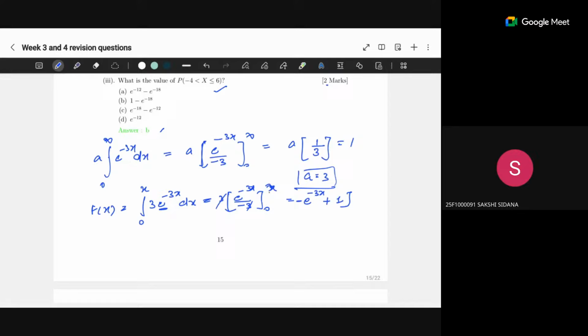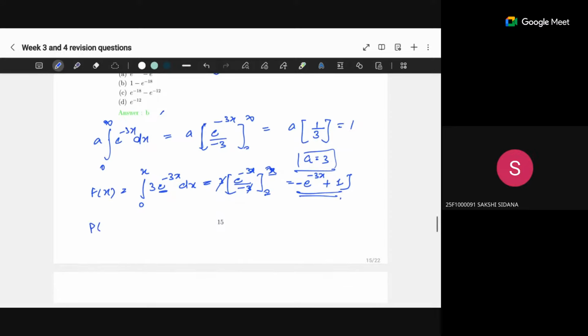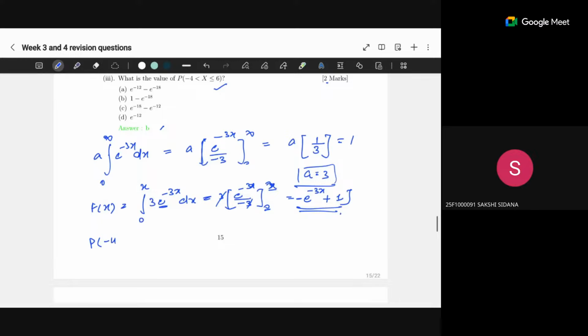So just put the values of x and 0, and you will get this value. Oh, yes, ma'am. Now we need to calculate the probability that my x is going from minus 4 to 6. This is actually F6. F of minus 4 will not exist because it is 0. My x is positive. So this is basically 1 minus e raised to the power minus 18.